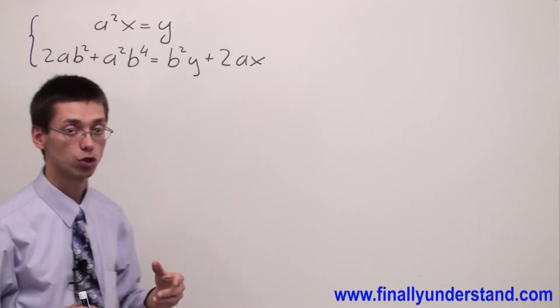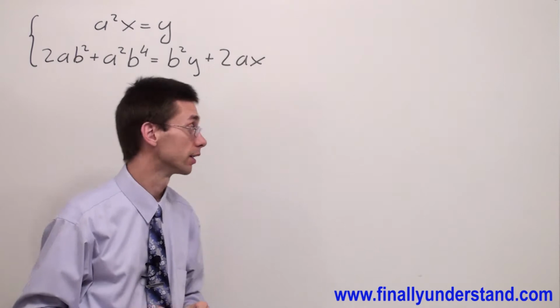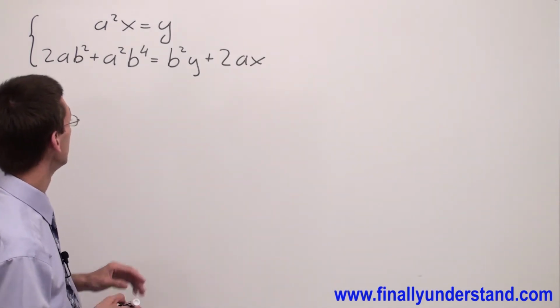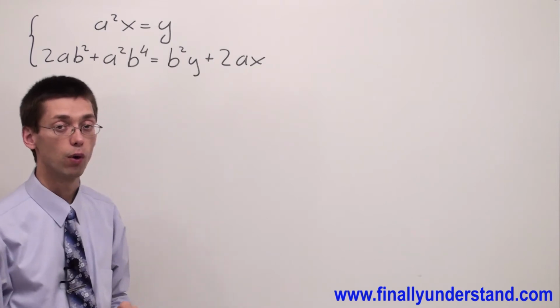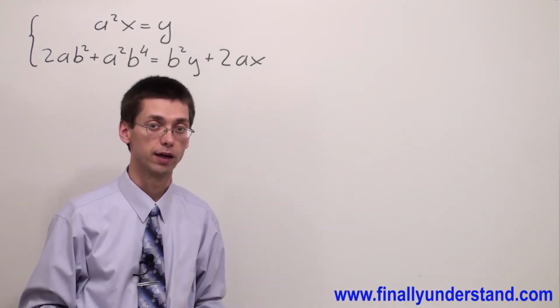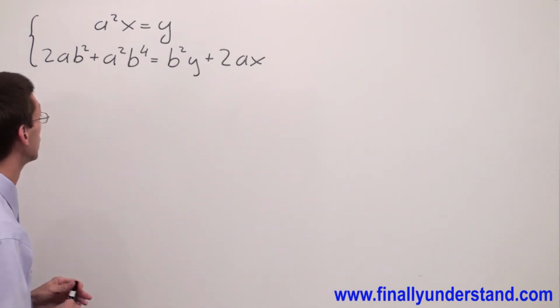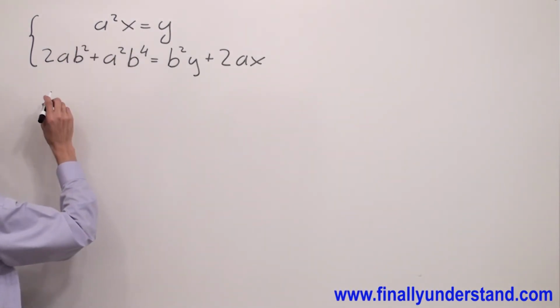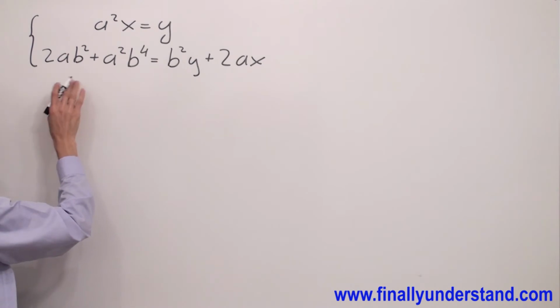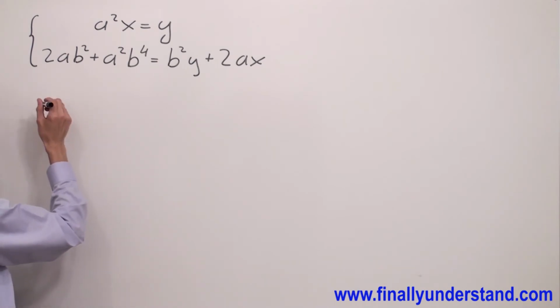And someone is going to ask what I'm going to achieve by that. I'm going to eliminate one of the variables in the second equation, and I'm going to have one equation with only one variable, or we can say one unknown. So I'm not going to even copy down the first equation. I'm going to go straight to the second one.